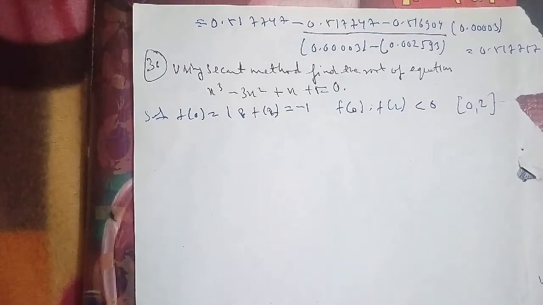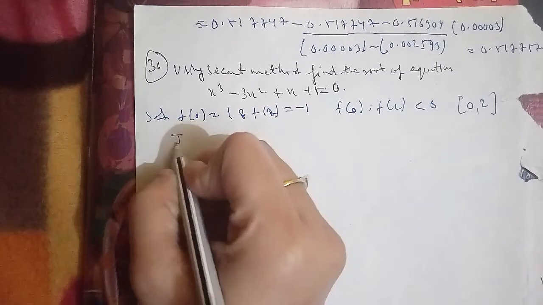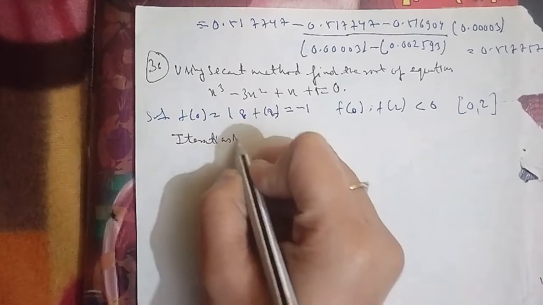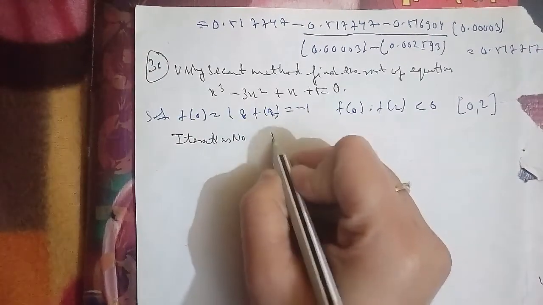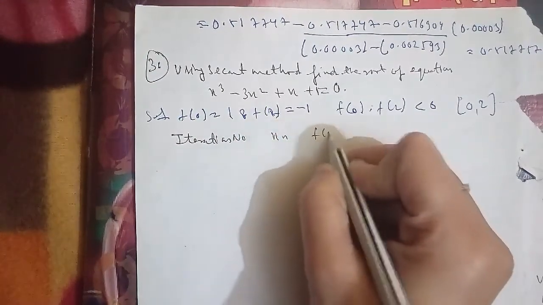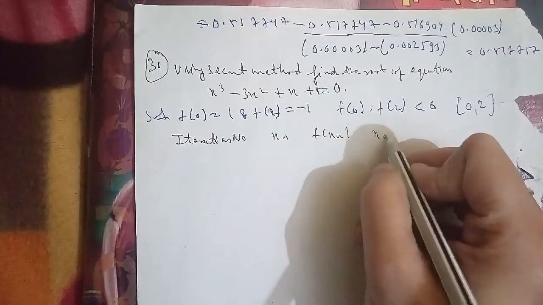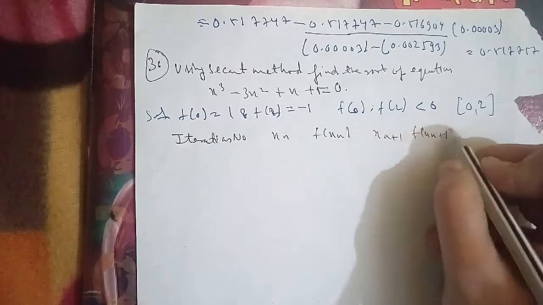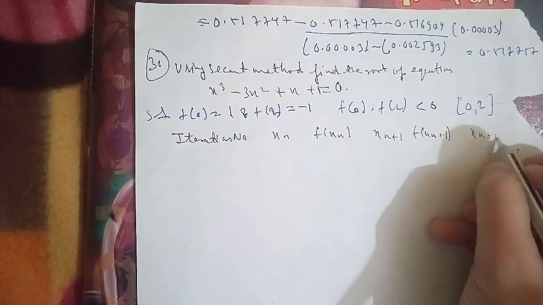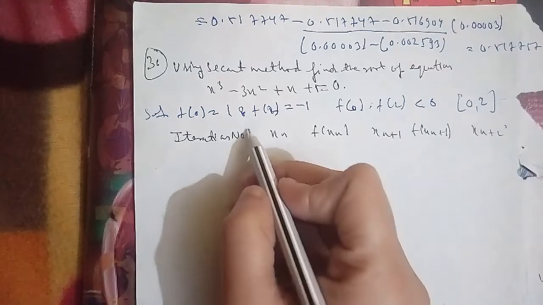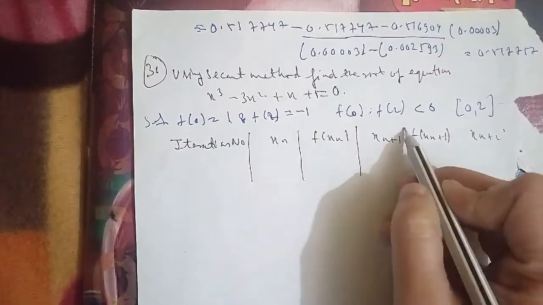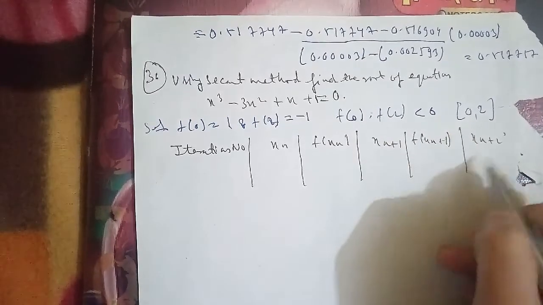We find it out as follows. So here we go ahead. x0 equals 0, f(x0) equals 1, x1 equals 2, f(x1) equals minus 1, and x2 equals 1.